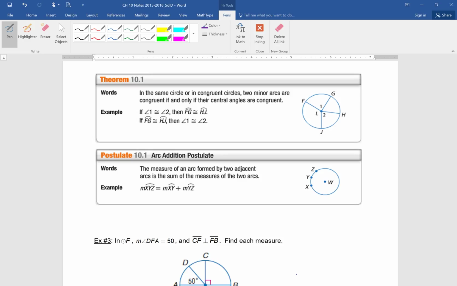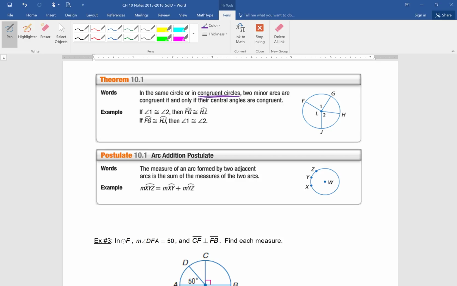All right, now these are some theorems which pretty much are common sense. So in the same circle or in congruent circles, right? When you compare measures of arcs, they have to be in congruent circles, because if you make the circle bigger, the arc becomes bigger and you can't compare the corresponding arcs.